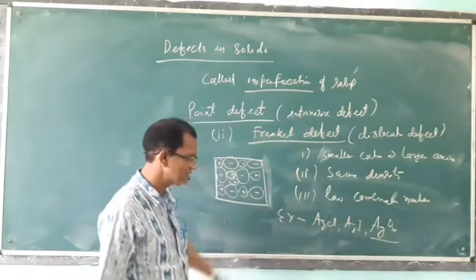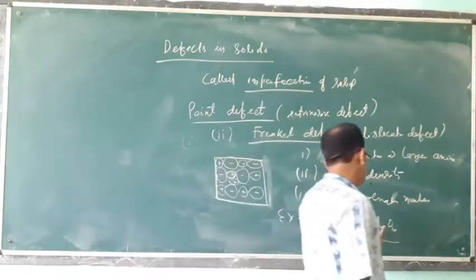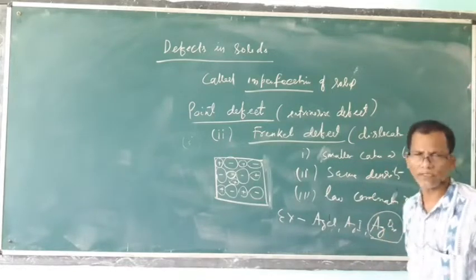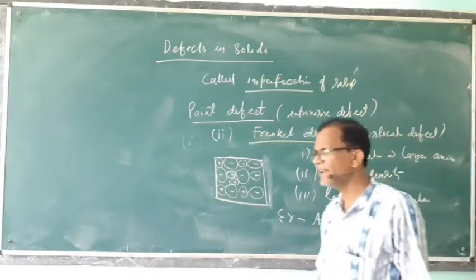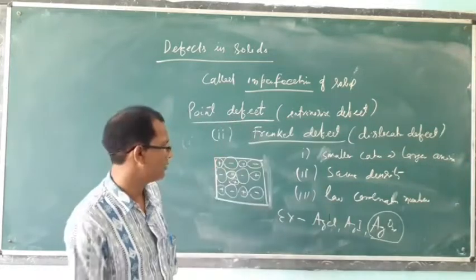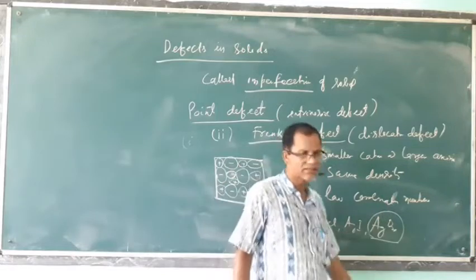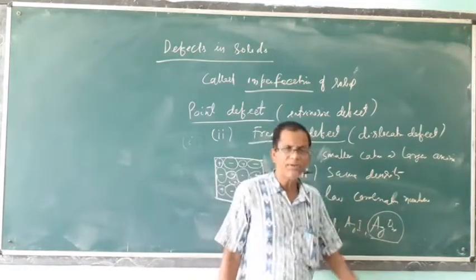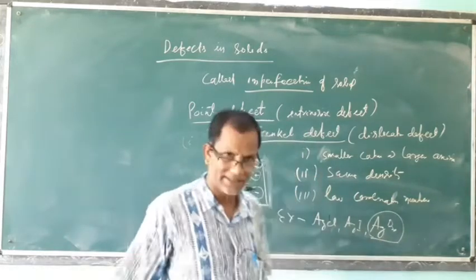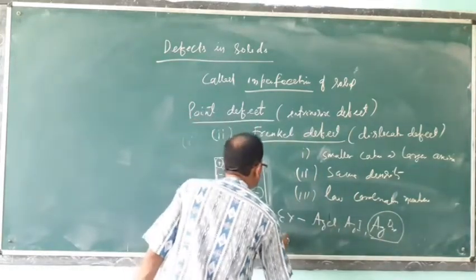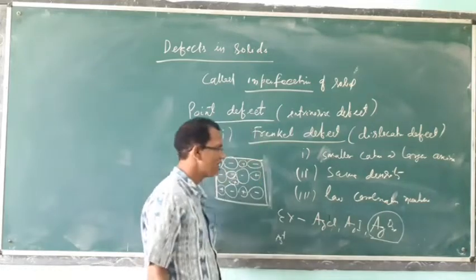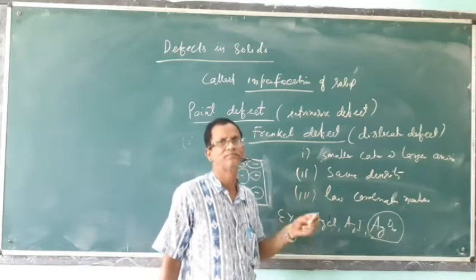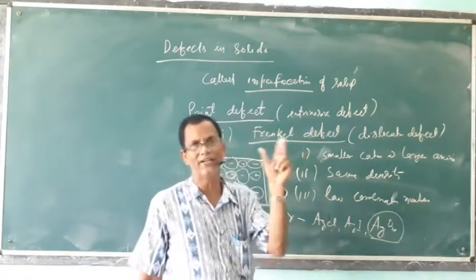The reason is that in case of AgBr, the size of Ag plus compared to Br minus, although smaller, lies intermediate. Ag plus size is not much smaller, not much bigger.